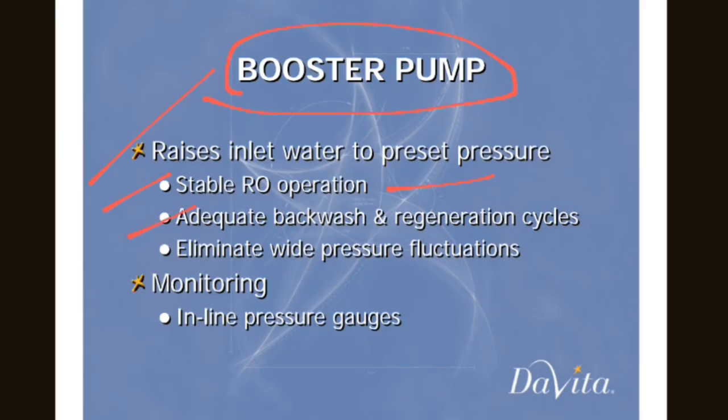When we regenerate our filters and backwash our tanks, at that time adequate pressure is needed, which is provided by the booster pump. It also eliminates pressure fluctuation, to maintain a constant continuous pressure. How are we going to monitor that pressure? By pressure gauges.